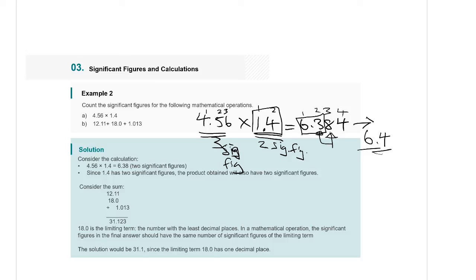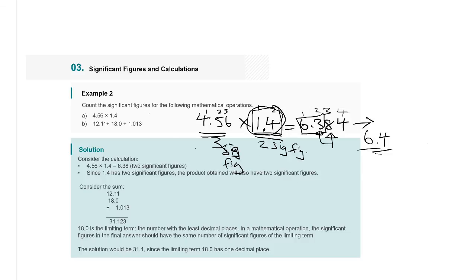And we will talk about rounding up later. This is a pretty easy operation, but from here you can see that we chose the least number of significant figures because our result is limited by the information provided by 1.4, because 1.4 had the least amount of information.